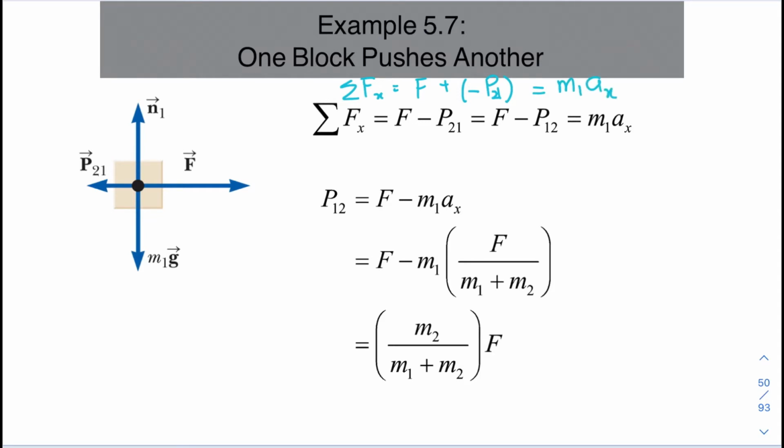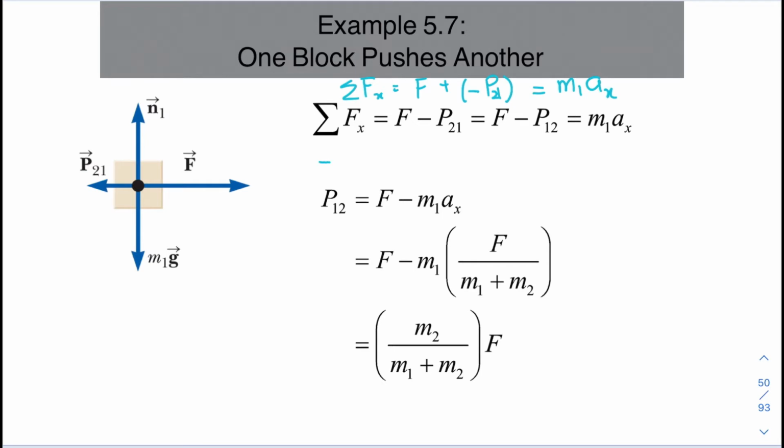It is simplified like this. Then we rearrange for our interest, which is P21.